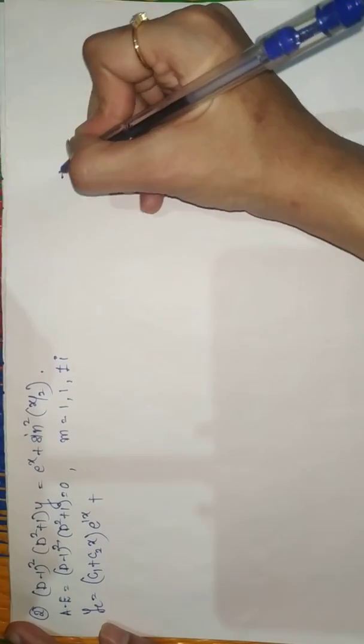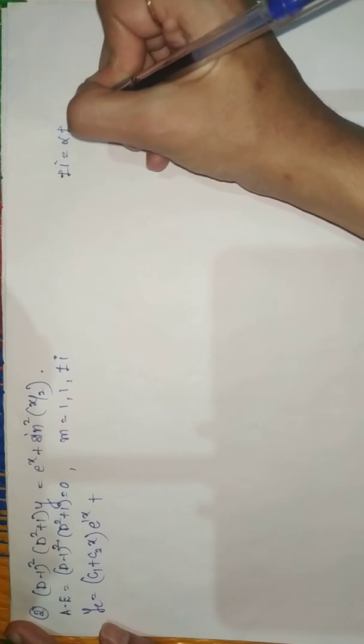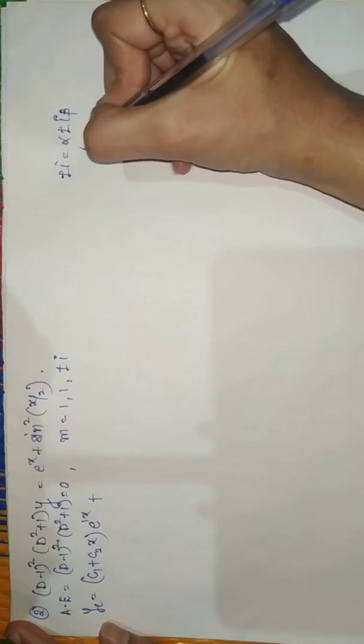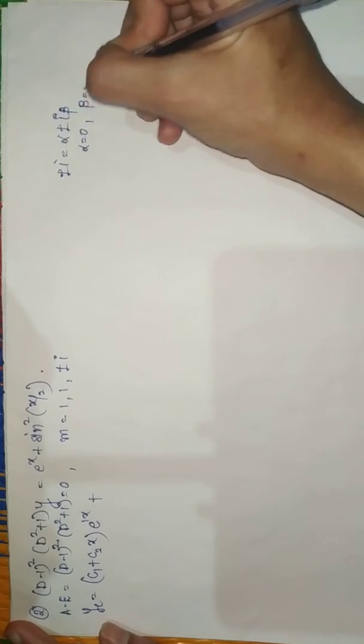So we can write yc. Since 1 is real and repeated, we will get (c1 plus c2 x) e to the power 1x. Plus or minus i is equivalent to our alpha plus or minus i beta. So here alpha is 0 and beta is 1.